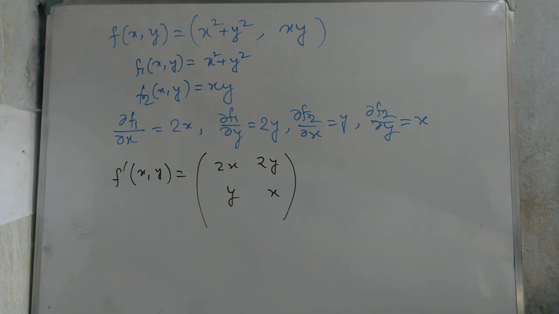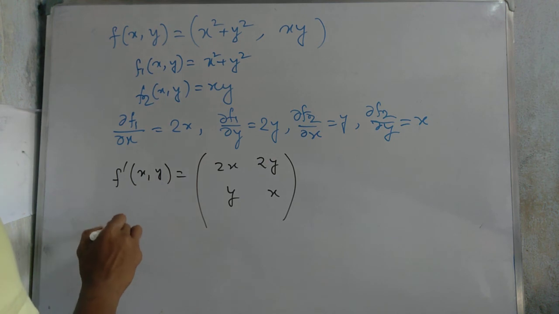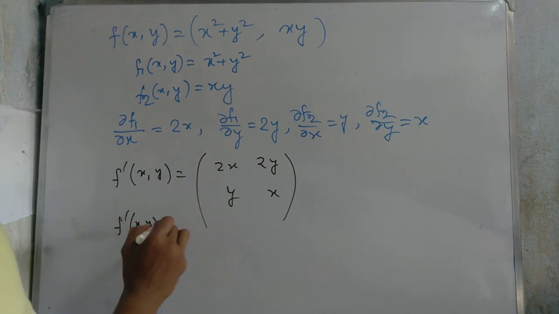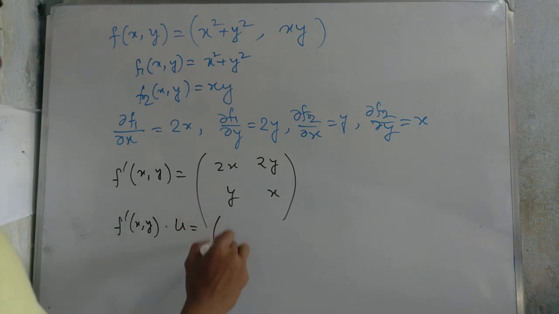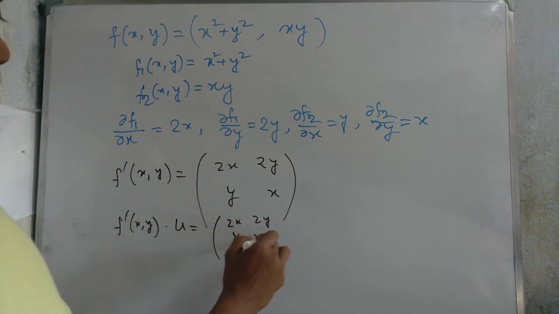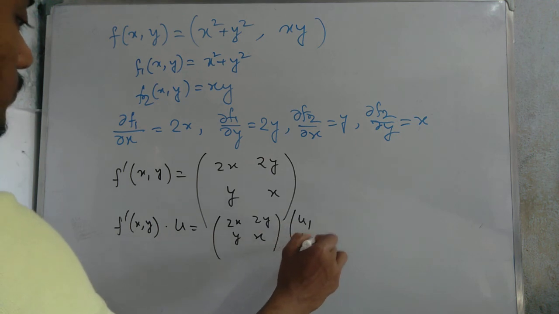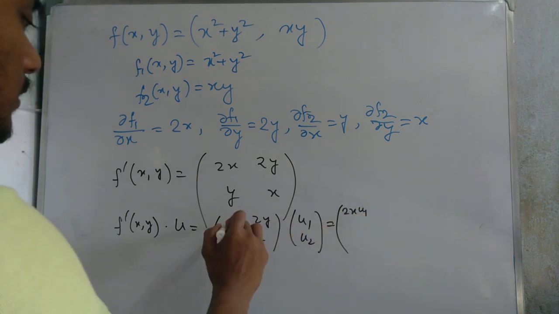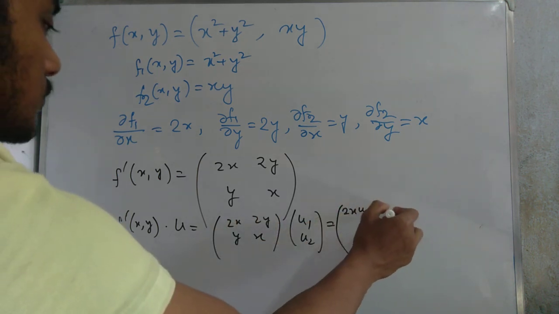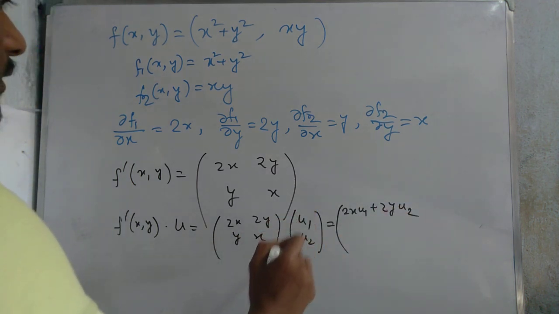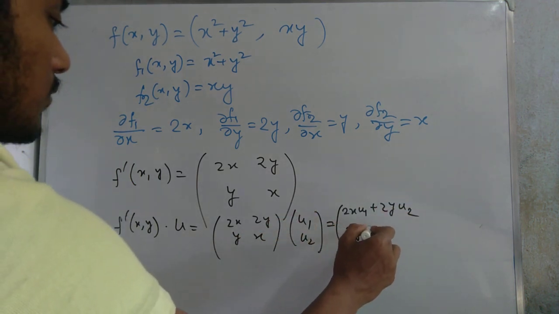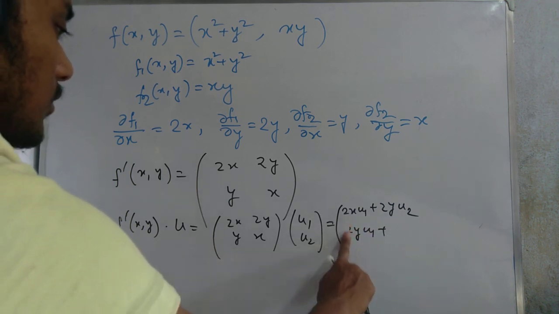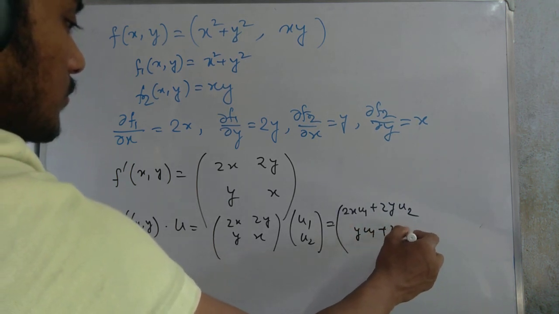Then we see that if we apply f'(x,y) to u, this implies the matrix 2x, 2y, y, x times u1, u2, which is 2x u1 plus 2y u2 and y u1 plus x u2.